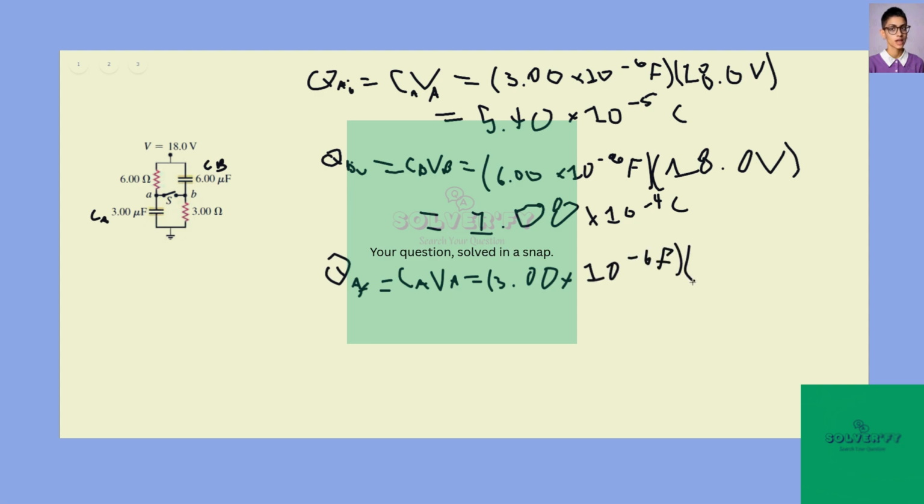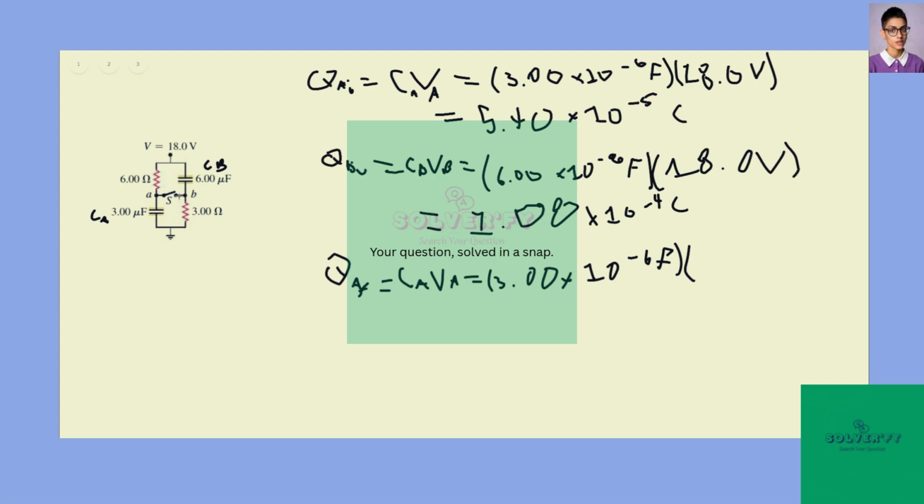Now here you have to watch out. Because the circuit is closed, there's now a voltage drop across these resistors. We've already found that the voltage drop across this one is 6 volts.